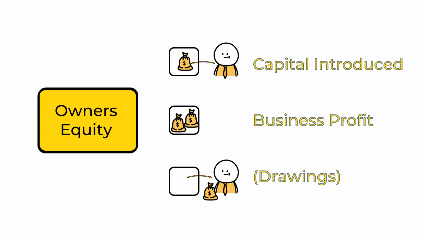Sometimes the owner will take money out of the business, and we call that drawings, where they have withdrawn some of the money that they put into the business. These general ledger accounts are all similar in that they're all about the owner of the business, but they're all different types of transactions, so they have their own general ledger account within owner's equity.